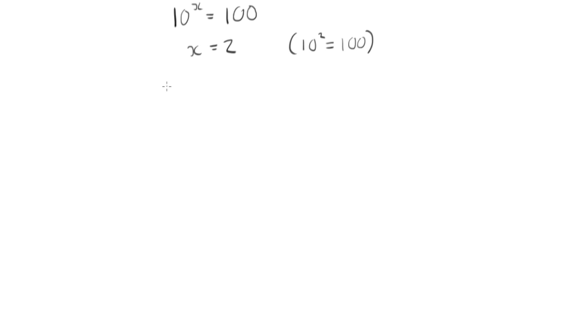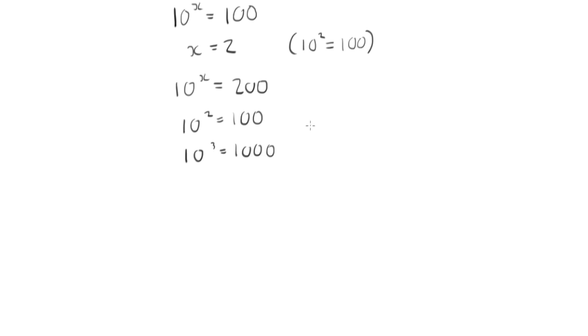But what happens when I have the equation 10 raised to the power x equals 200? Well, here we've got a problem, because 10 raised to the power 2 is 100, and 10 raised to the power 3 is 1000.